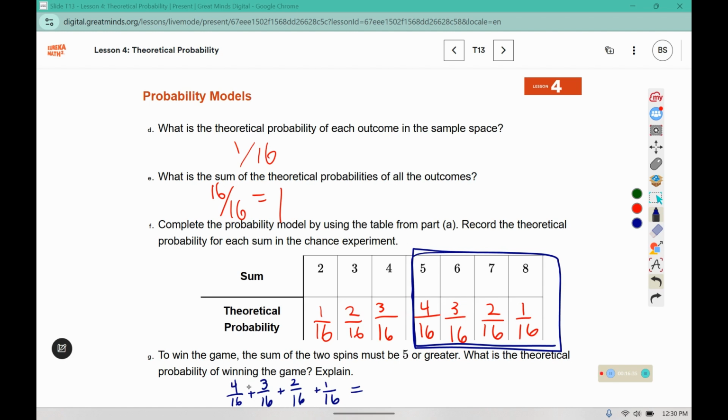They have the same denominator, so 4 plus 3 is 7, 8, 9, 10 out of 16. Because 10 of the possible outcomes had a sum of 5 or more.